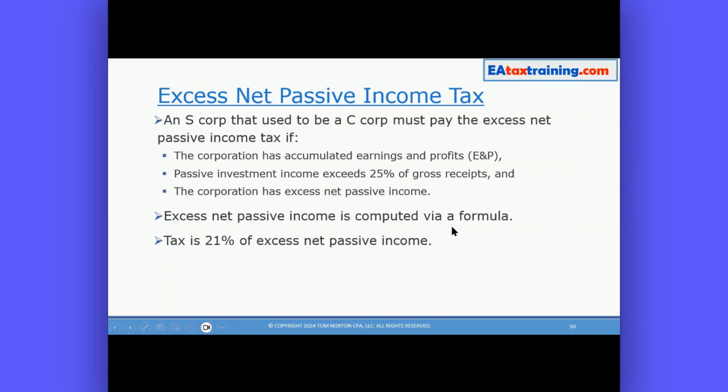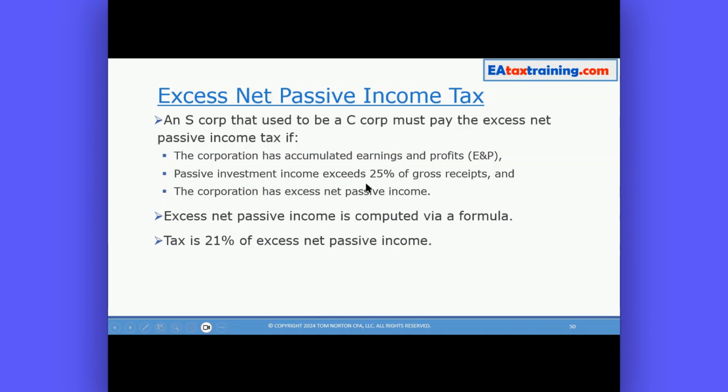It is computed using a formula that you do not need to know for the EA exam. So just know that they have to have excess net passive income. Don't worry about how it is computed. So if they meet all of these things, they've got earnings and profits from when they were a C corp, passive investment income exceeds 25% of gross receipts, and they have excess net passive income, then they have to pay a tax of 21% on that excess net passive income.